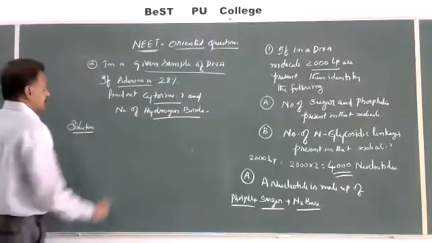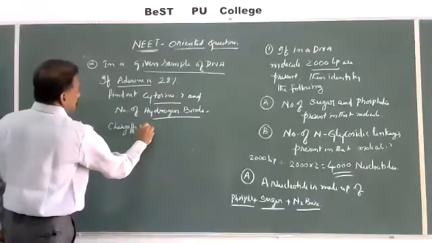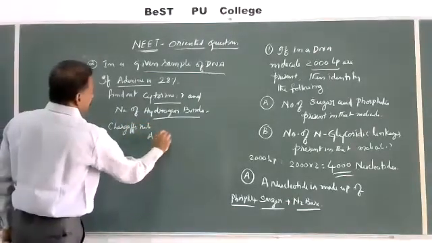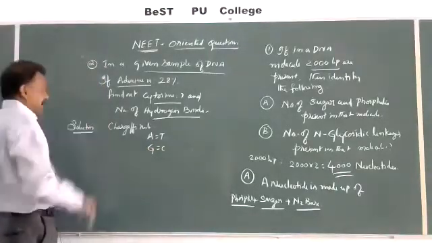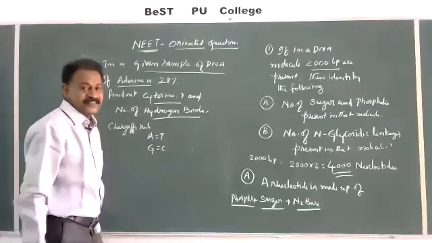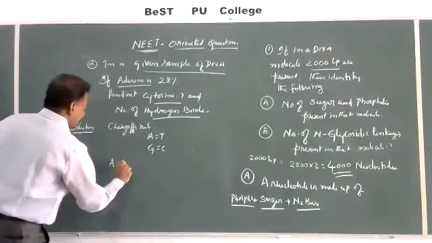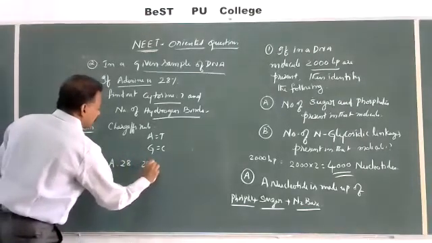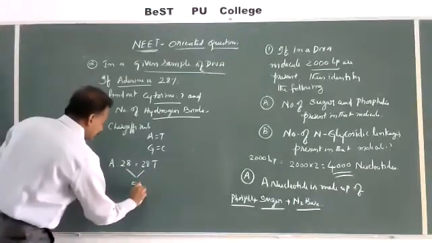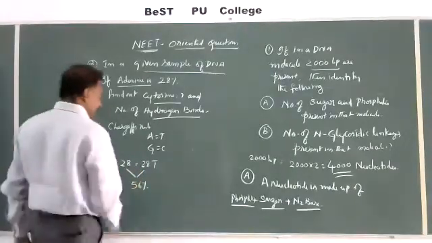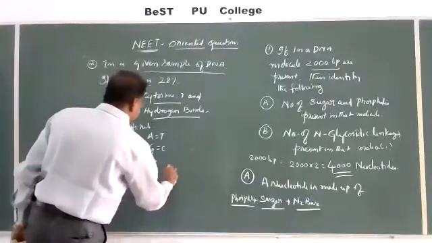As per Chargaff's law, A is equal to T, G is equal to C, and total is equal to 1 in a given sample. It means if adenine is 28, then thymine should be 28. Total 56. Then out of 100%, 56 means 44.